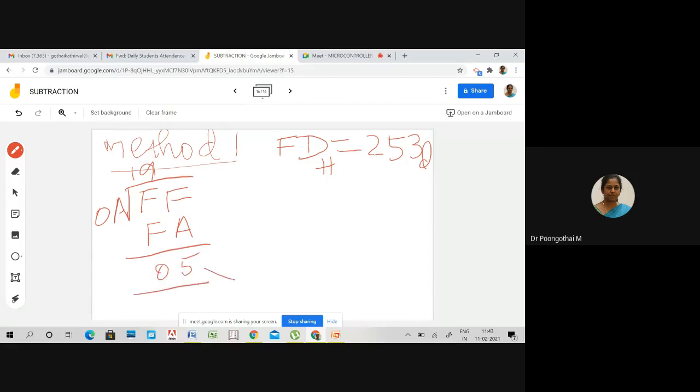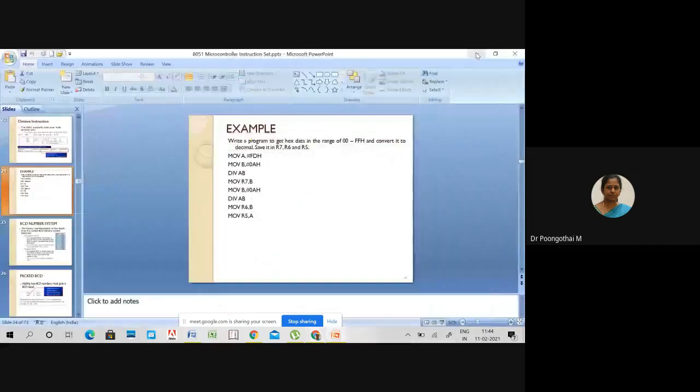So store this remainder, 03, in R7. Again, divide FD by 0A in the hexadecimal calculator.